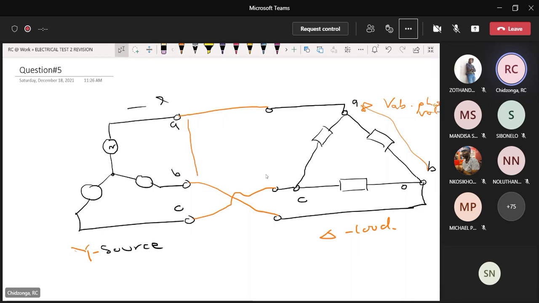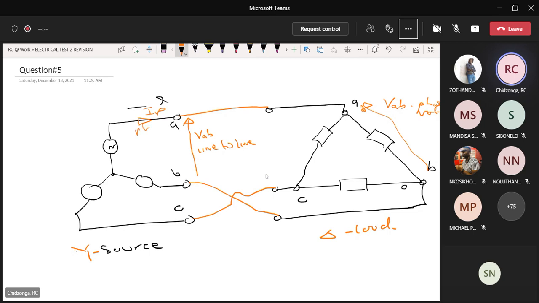Here you can measure the line-to-line. So you'd write here VAB, line to line. It's on the source side. Where to measure the phase current on the source side: this is the phase current, I, right?